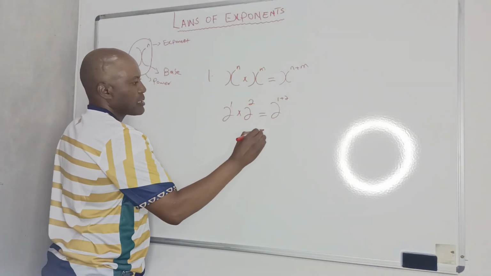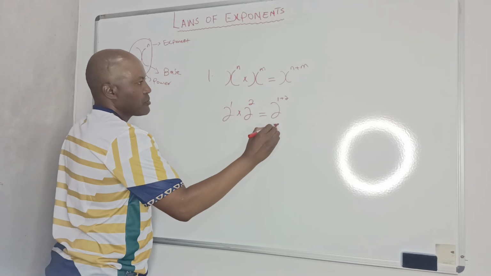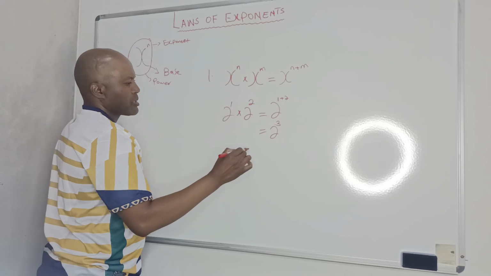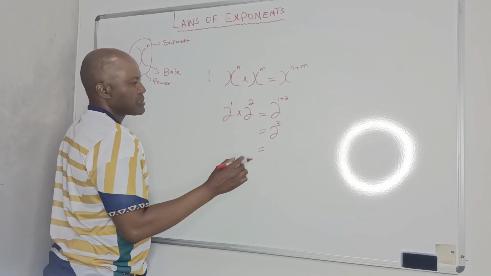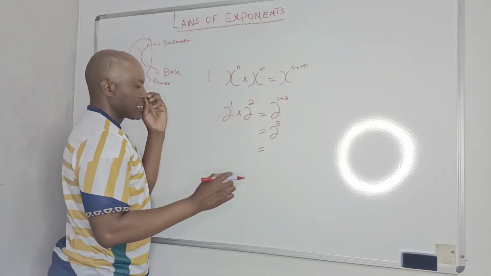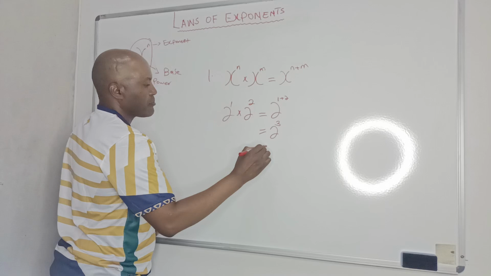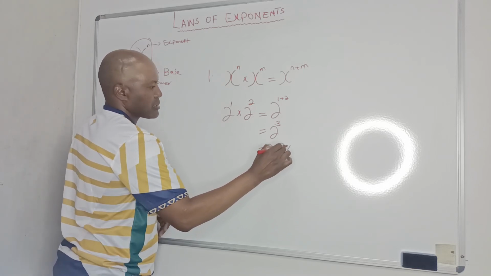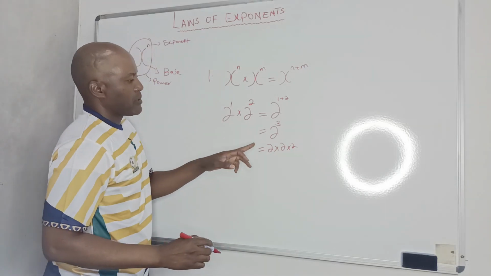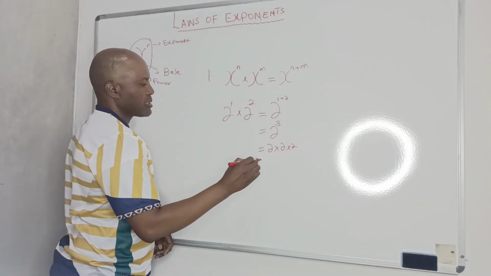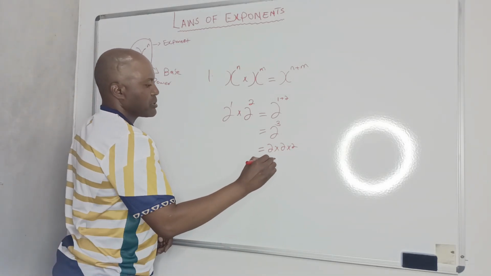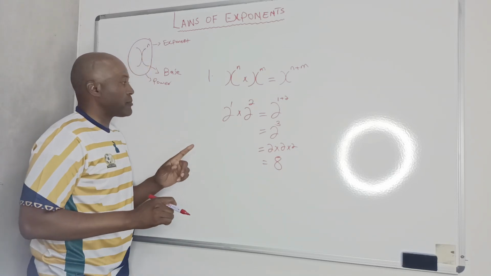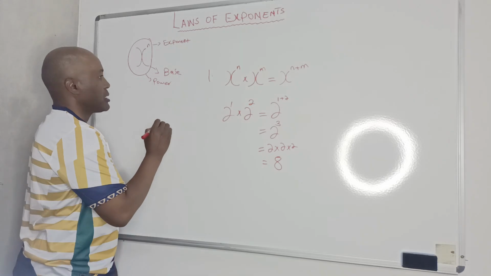Then this will give you 2 raised to 3. Then you can go on and say this means I have to multiply 2 by 2 by 2, and the answer will be 8. That's how we do it. That is law number one. Then let's go to law number 2.